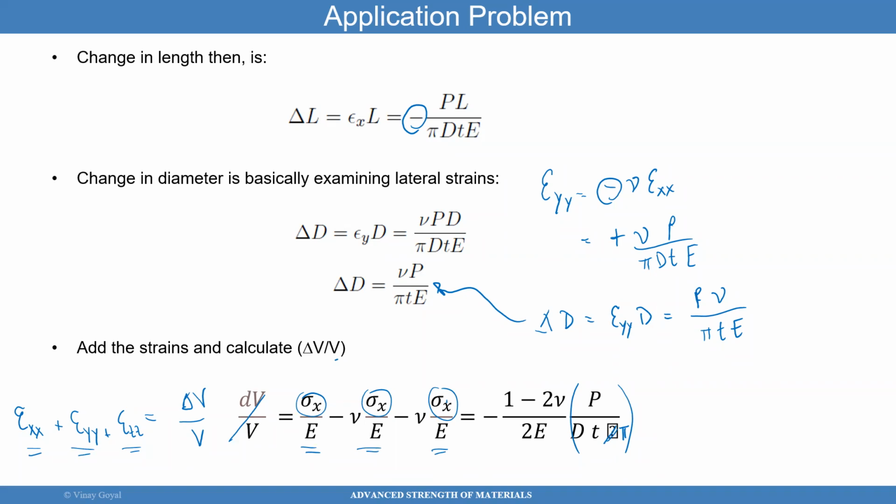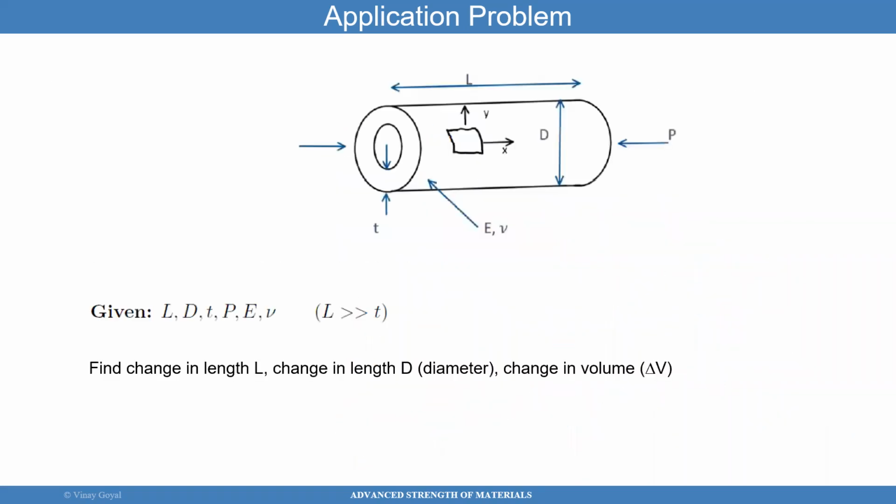So this problem was looking at a cylinder that's compressed, and the question was to find the change in length, the change in diameter, and the change in volume. It turns out that it's possible to calculate the strains, the deflections, and the stresses.